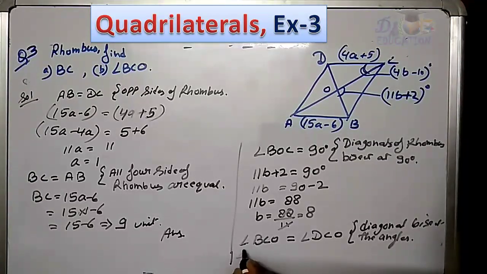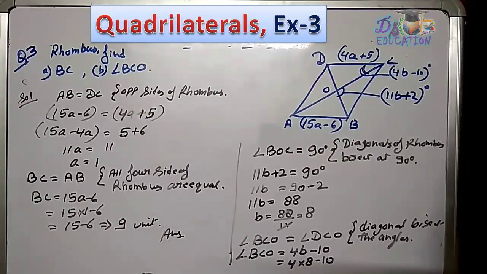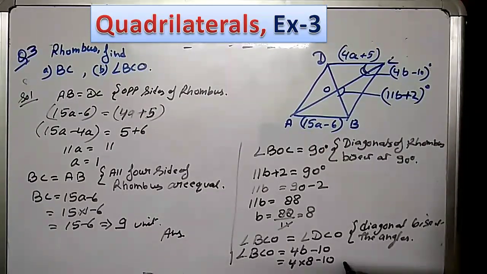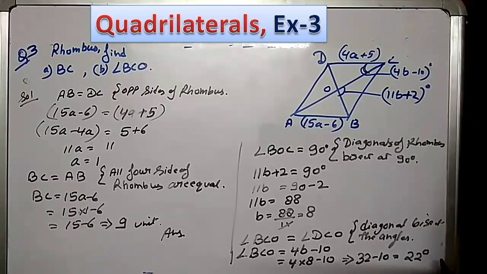So angle BCO will be equal to 4b minus 10, which is 4 into 8 minus 10. Further solving, 32 minus 10 is equal to 22 degree.